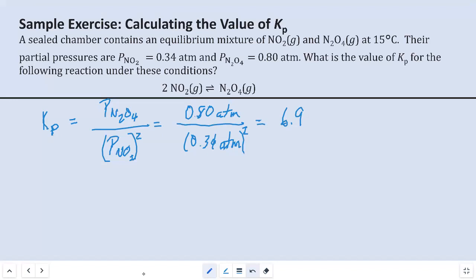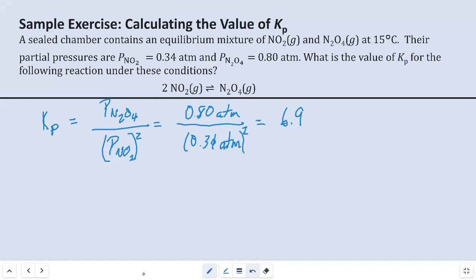You don't have to worry about those. So we can consider the values of the equilibrium constant to be unitless. So 6.9 is a perfectly valid answer for that expression.